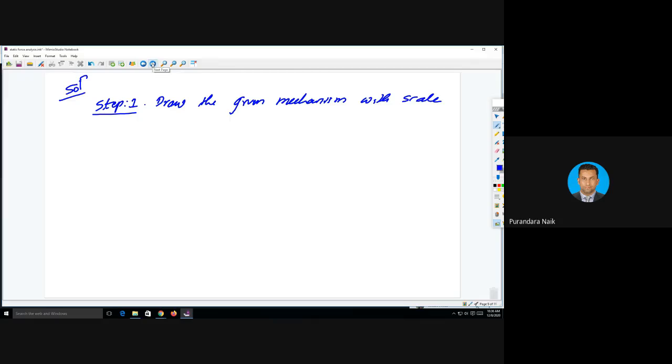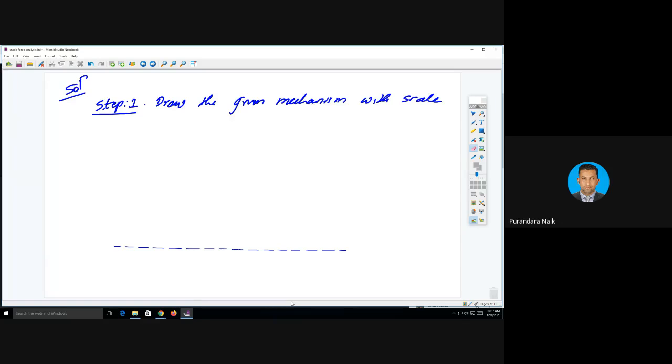First, draw a horizontal line. Please take the scale and drawing instruments. Draw a horizontal line with a dotted line.